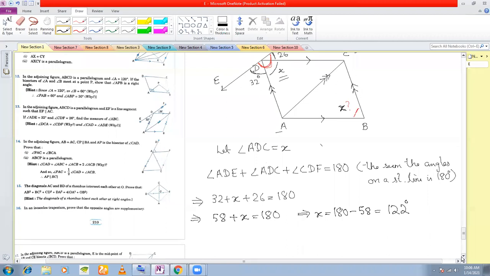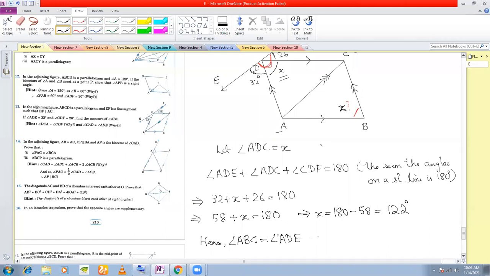Now what are we going to say? We are going to say that angle ABC that we have to find out, hence angle ABC is the same as angle ADE.